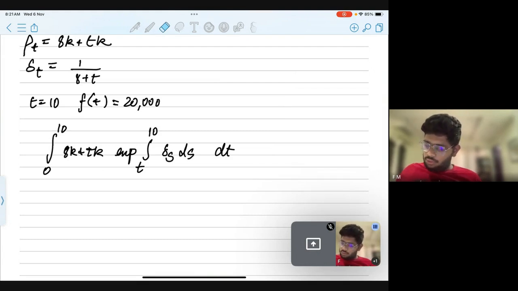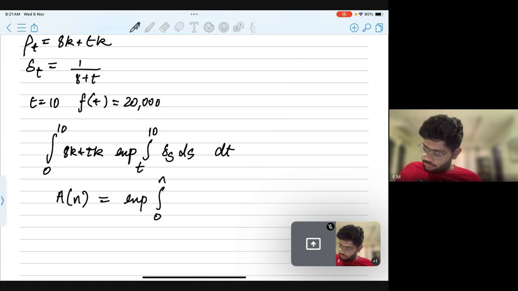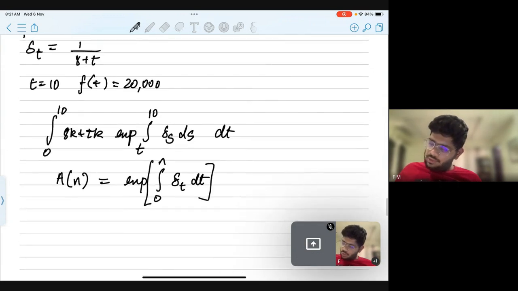But you can also first calculate the value of the annuity, which becomes equal to, and then you can use a10 by at here.